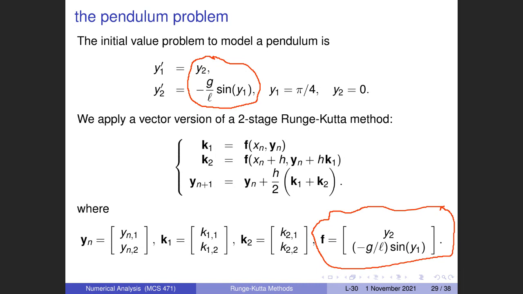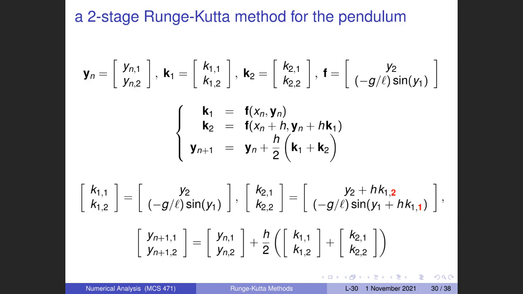So purely formally, if we use bold letters for vectors, then our two-stage Runge-Kutta method is immediately generalized. Notice the first... all right, let us specify this now.